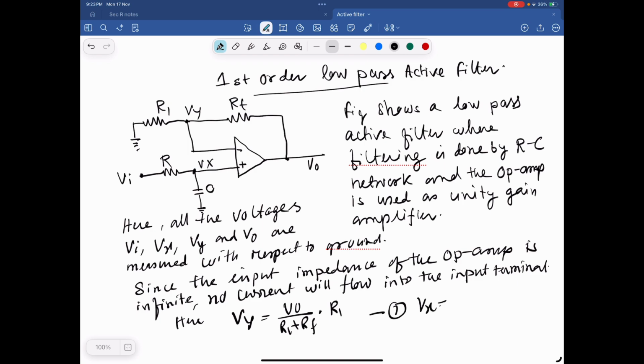Now Vx is equal to the drop across the capacitor, whose capacitive reactance is Xc. So Vi by R plus Xc is the current, and into Xc. We know Xc is equal to 1 upon j omega C. This is 1 upon j twice pi fC.